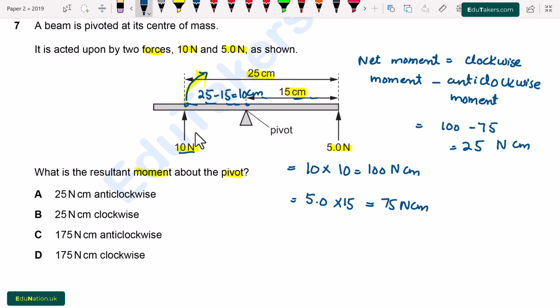We have found out the magnitude of the net moment, but we also have to find out direction. As the clockwise moment is greater than the anti-clockwise moment, so the net moment direction will be clockwise. Now we see the options. Option A, 25 Newton centimeter anti-clockwise. Here direction is anti-clockwise, so this is incorrect. B, 25 Newton centimeter clockwise, so B is correct.